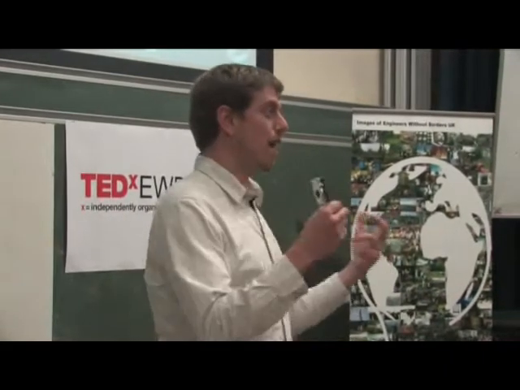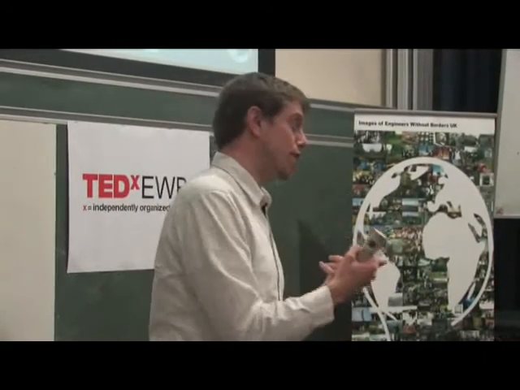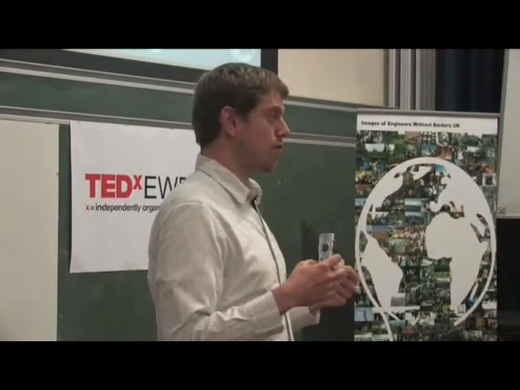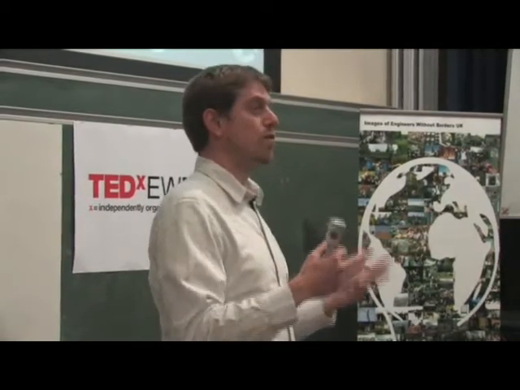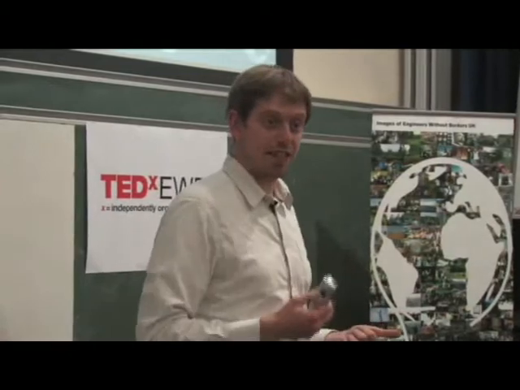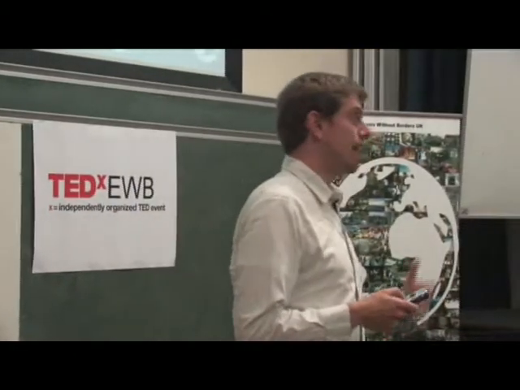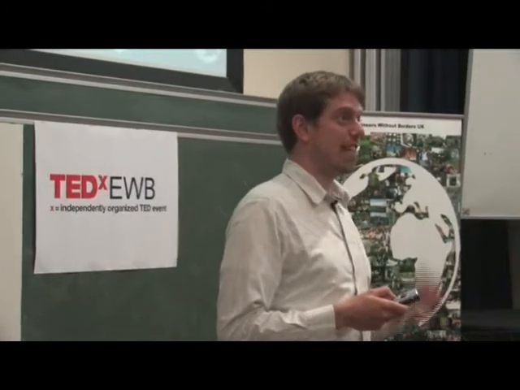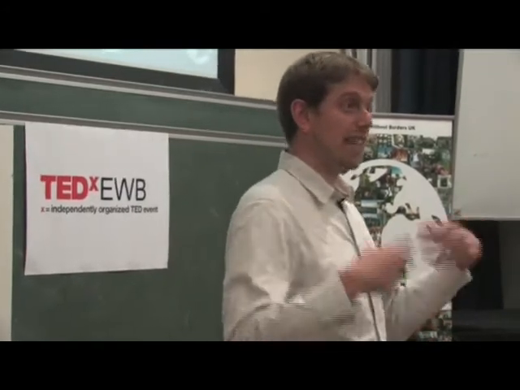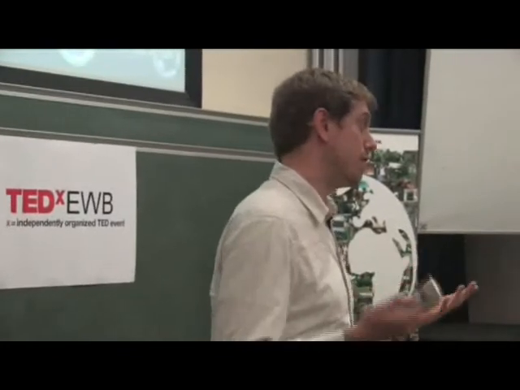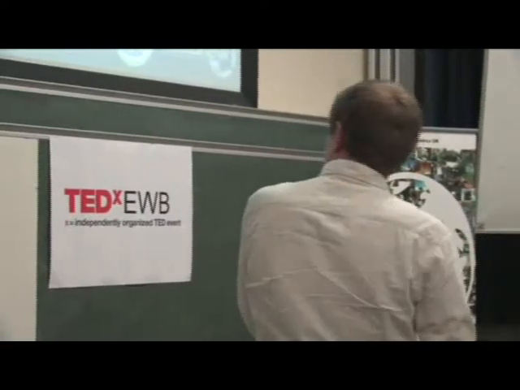You can't have improved healthcare, improved levels of education, reduced levels of infant mortality without energy, whether that's in refrigerating vaccines or whether it's in just people having more time because they're not collecting firewood in order to take care of their family or to earn some money.